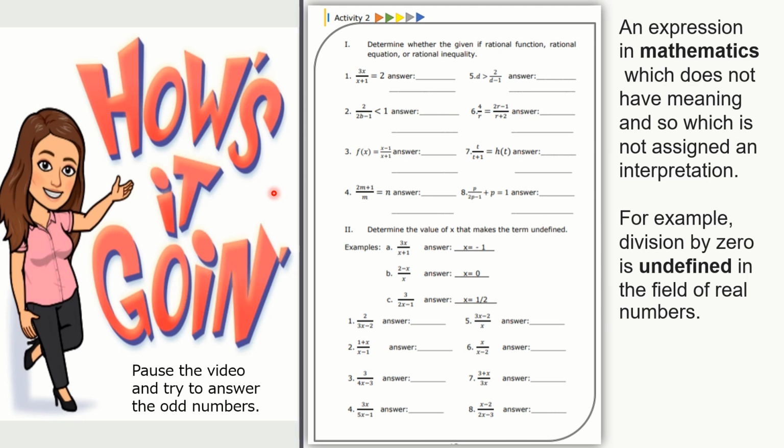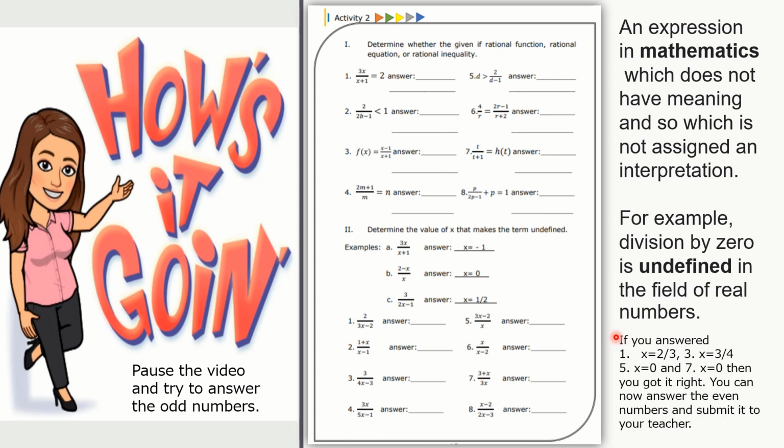Pause the video and try to answer the odd numbers. If you answered x = 2/3 for number 1, x = 3/4 for number 3, x = 0 for number 5, and x = 0 for number 7, then you got it right. Very good. You can now answer the even numbers and submit it to your teacher.